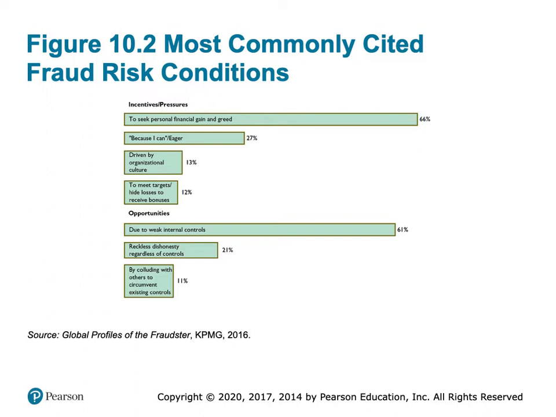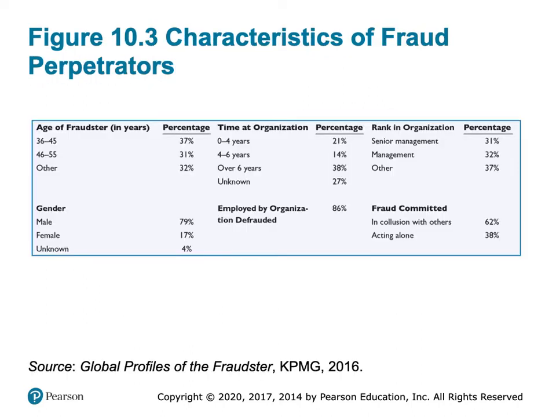But any place that has a weak internal control or just has the wrong tone can be susceptible to fraud. Here's some age statistics. Men are far more likely to commit fraud than women, and the time with the company actually doesn't play as big a role.